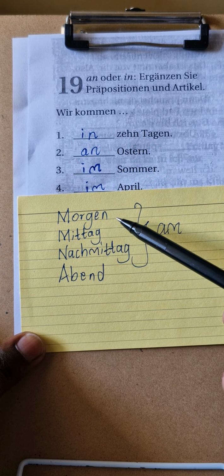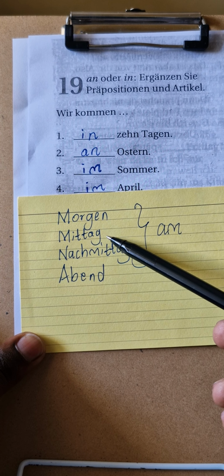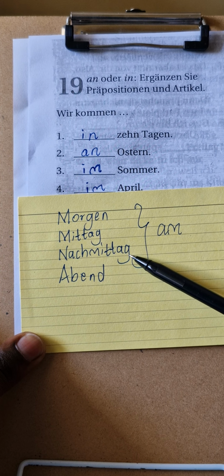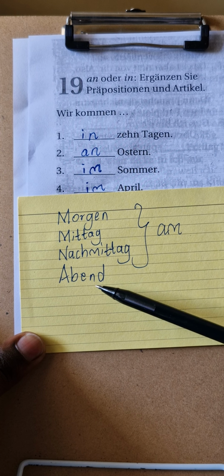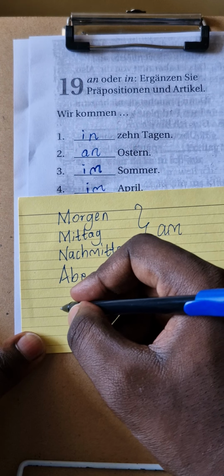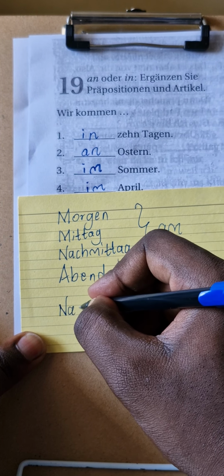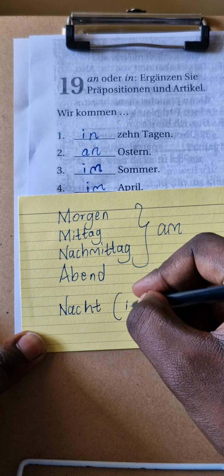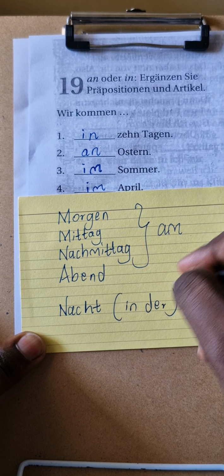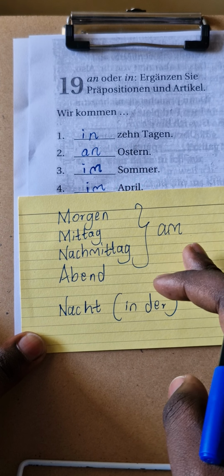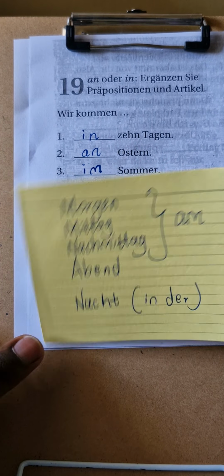Am Morgen, in the morning; am Mittag, in the afternoon; am Nachmittag, in the afternoon; am Abend, in the evening. But for night, night is different. Nacht is considered feminine, so for night you'd say in der Nacht, at night. But these other ones are am Morgen, am Abend, etc.